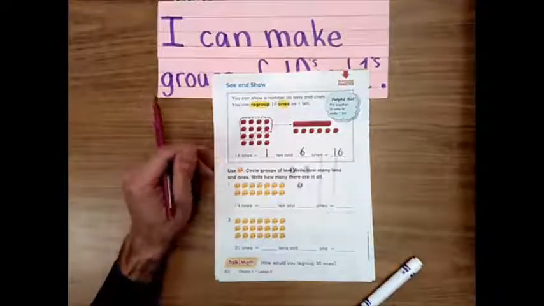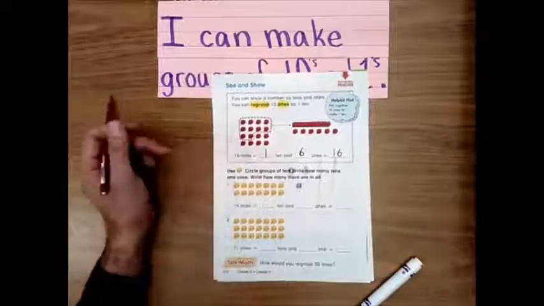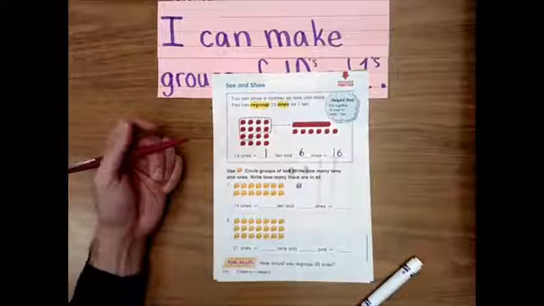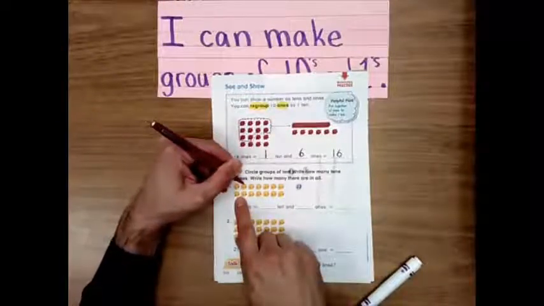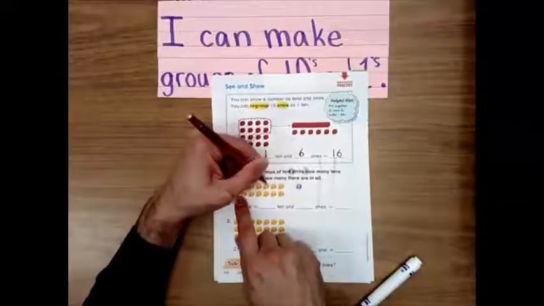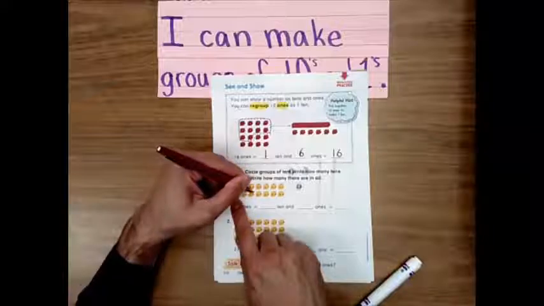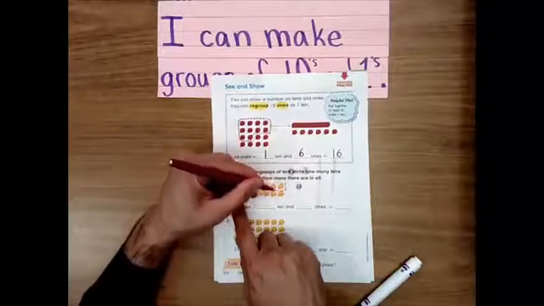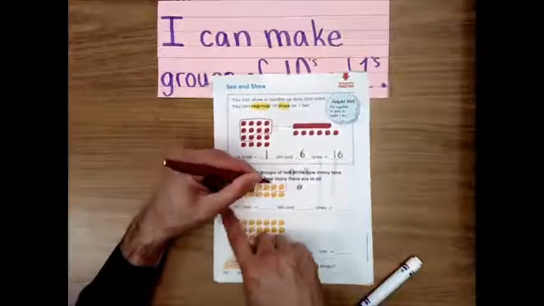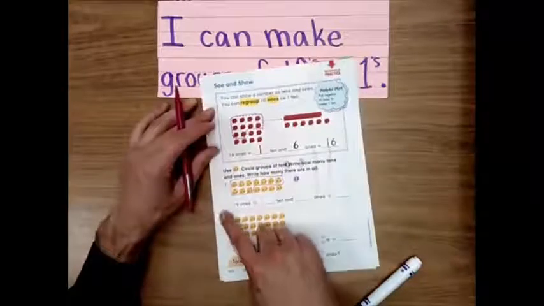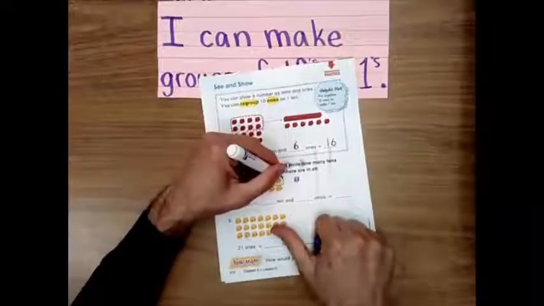Okay, so if we have 14 ones, here's 14 of these blocks. Now, we want to make a group of 10, so let's do that. Ready? So this is 1, 2, 3, 4, 5, 6, 7, 8, 9, 10. So I'm going to circle these 10. Let me use this pen, maybe you'll be able to see it better.